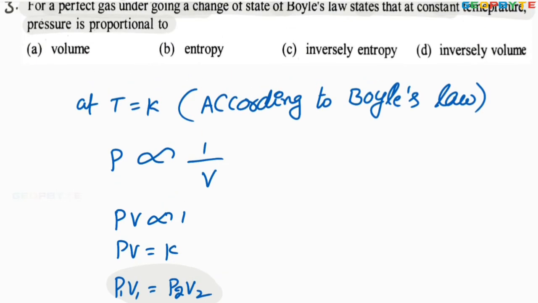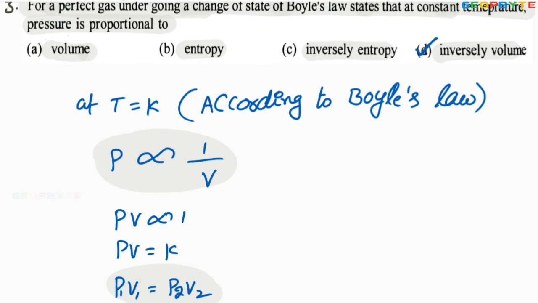Now look at the options. Here it is given proportional to volume, not proportional to. Pressure is inversely proportional to volume. So inversely proportional to entropy is not correct. Inversely proportional to volume is absolutely correct. Option D is absolutely correct.